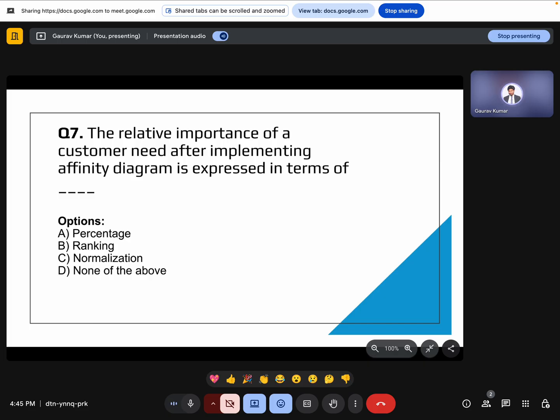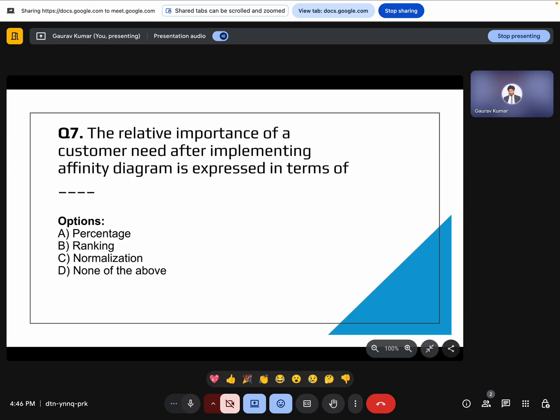Once customer needs are grouped into clusters using an affinity diagram, the next step is prioritization. So designers express the importance of each need so that trade-offs can be made rationally when resources are limited. So the correct answer is ranking.